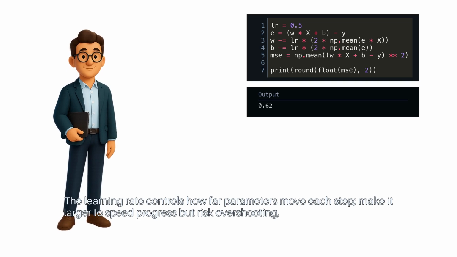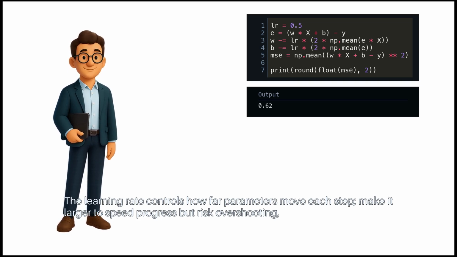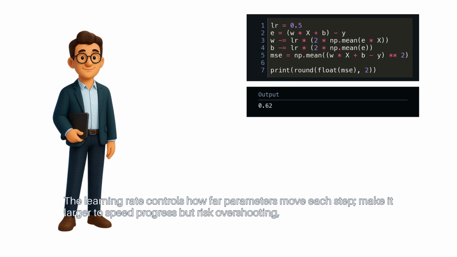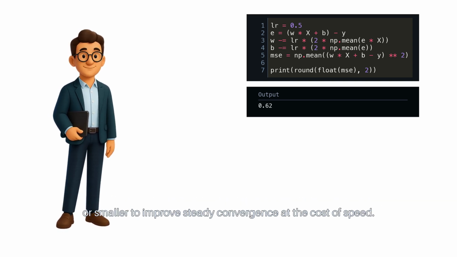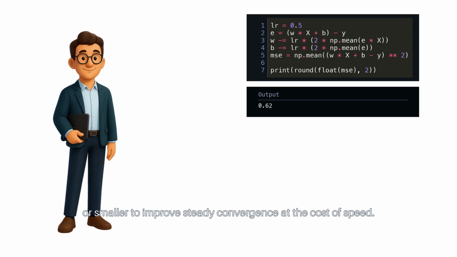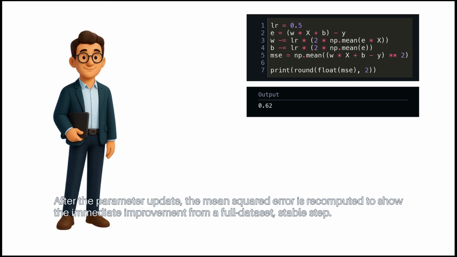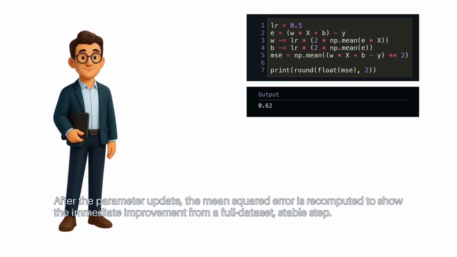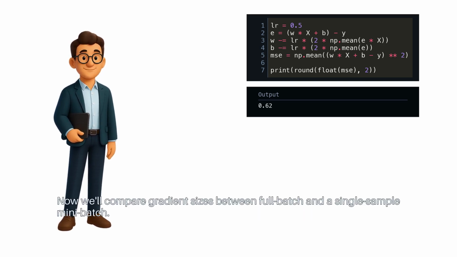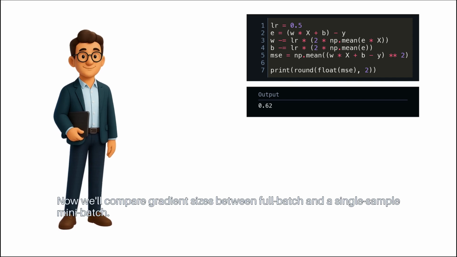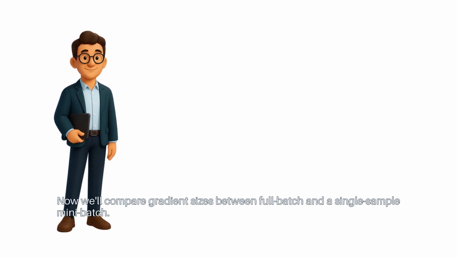The learning rate controls how far parameters move each step. Make it larger to speed progress but risk overshooting, or smaller to improve steady convergence at the cost of speed. After the parameter update, the mean squared error is recomputed to show the immediate improvement from a full dataset stable step.